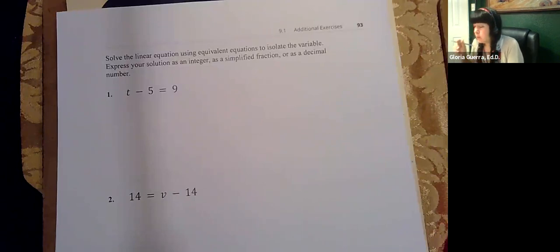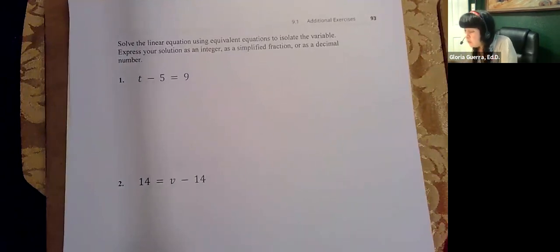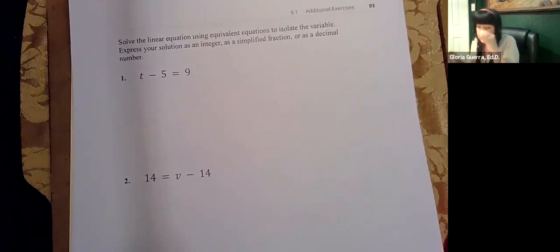Okay. So if you look at number 1, t minus 5 equals 9. What probably would be a good idea is if you were to pause the video and work the problem on your own, and then start the video again to check your answer. Usually in class time, that's what I'll do.